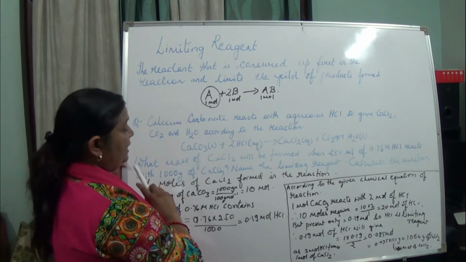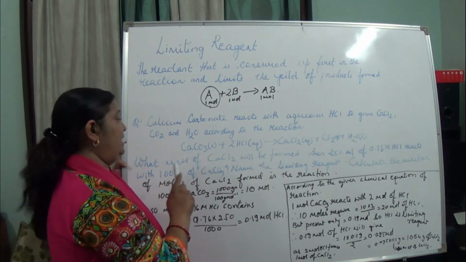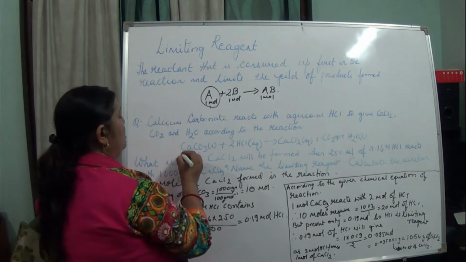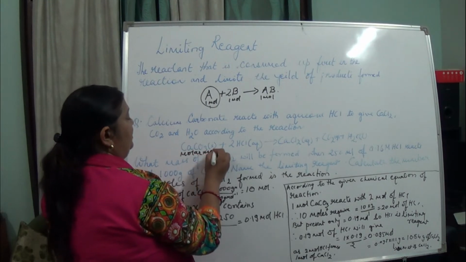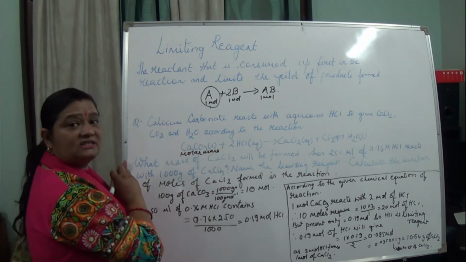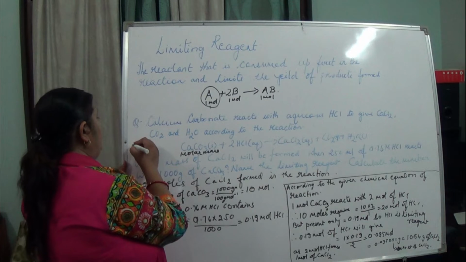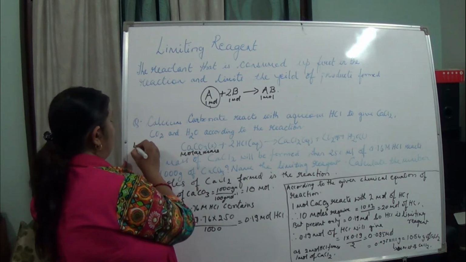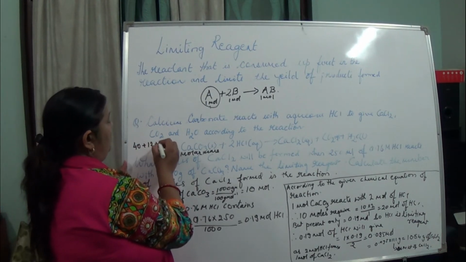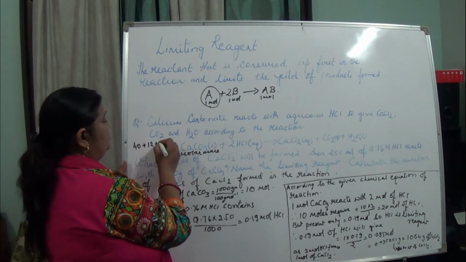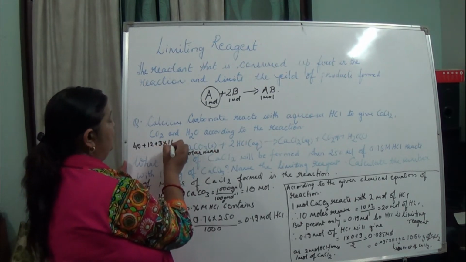So here first you have to take out the molar mass of calcium carbonate. So what will be the molar mass of calcium carbonate? The atomic mass of calcium is 40, plus carbon 12, plus oxygen, 3 atoms are present, so 3 into 16, isn't it?